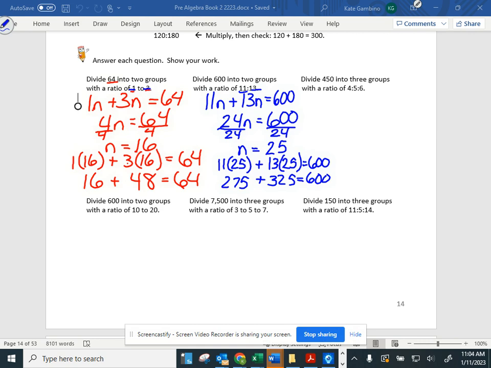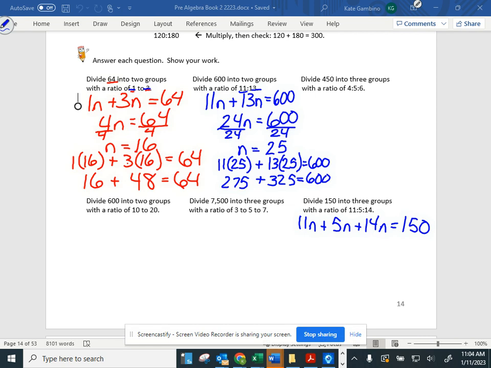How are we feeling about that? Good. Okay, so you're going to follow that same pattern with each of these. Look down at our very last one. Divide 150 into 3 groups. Is that scary and new? No, it's the same thing. So we would have 11n plus 5n plus 14n equals 150.